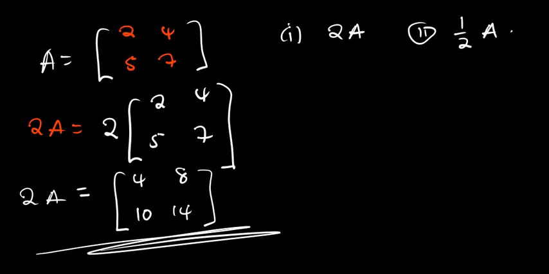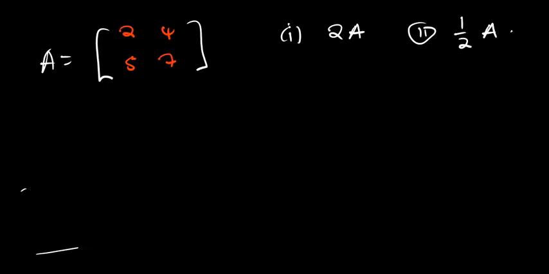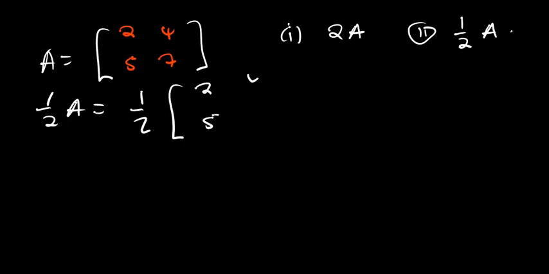So that's basically simple. And then what if we have half A? How can we find this? This will be half times the matrix 2, 4, 5, 7. This means that for any value you have in the matrix, you multiply by 1 over 2.